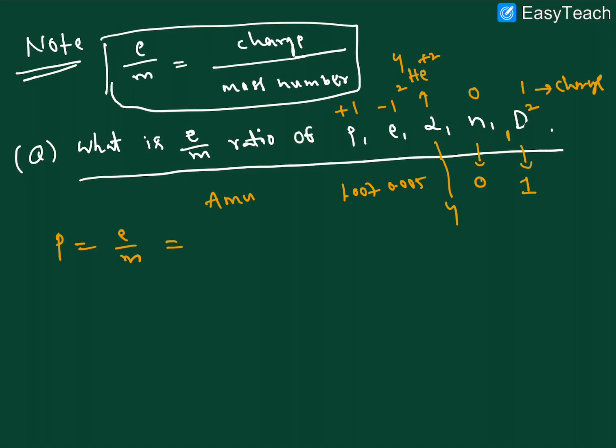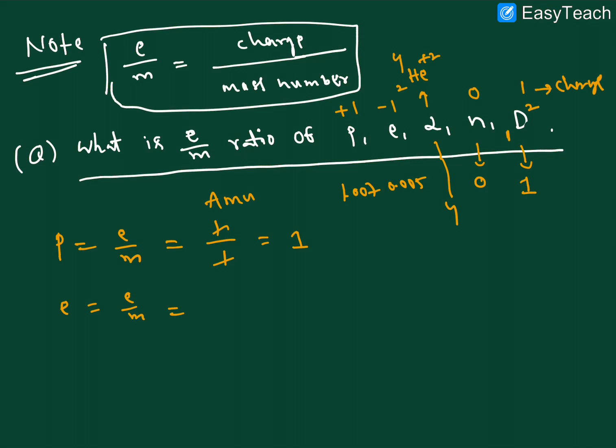First, the E by M ratio of proton. The proton charge is 1 and mass is 1, so 1 cancels, and we get 1. Next, the electron.